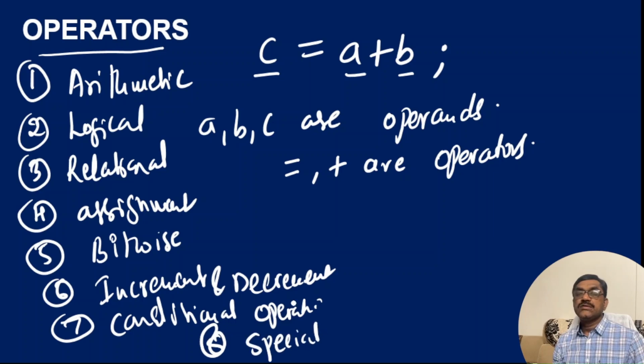There are totally 8 types of operators: arithmetic, logical, relational, assignment, bitwise, increment and decrement, conditional, and the last one is special operators.